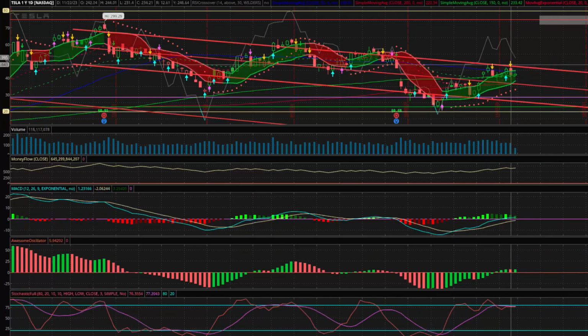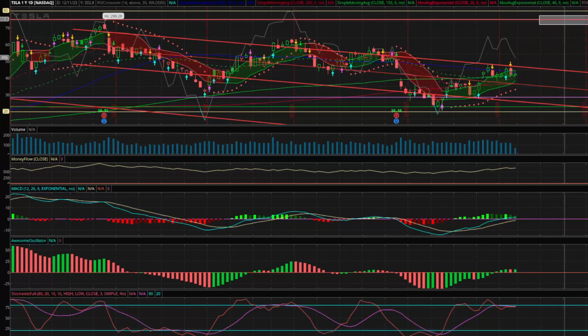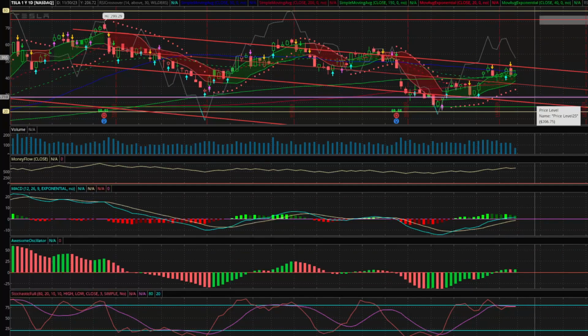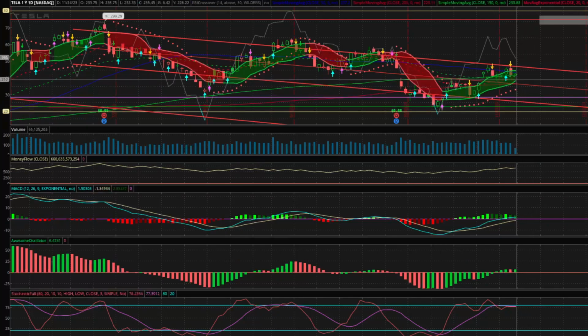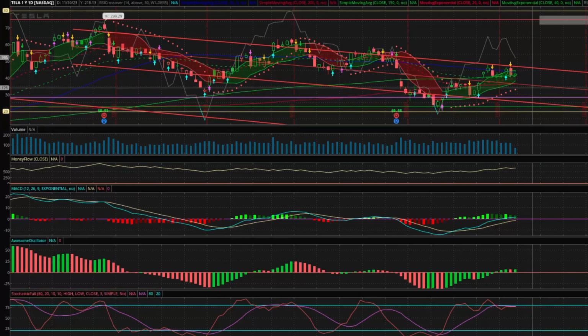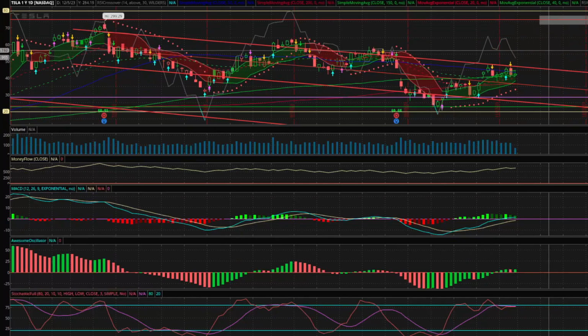A pullback here to the middle of the channel and then breaking up above would make sense. It can also go one more time to the purple line, and I can tell you, if it does that, it's going to be a buying opportunity because that purple line has been a major support. And if it can support there one more time, you're going to start seeing Tesla gaining more strength.